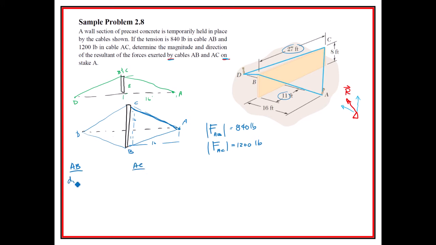For the x distance of AB, we want to go from 2 minus 1.